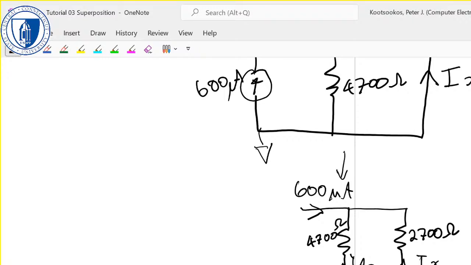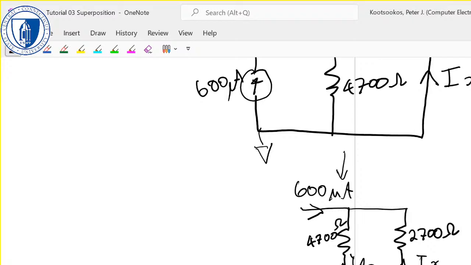So remember, with current dividers, the current in the branch we're interested in is proportional to the resistance in the other branch divided by the total resistance. And in this case it's simple, there is only one other branch. If there were more than one other branch, you'd have to lump the other resistances together in parallel in order to know what the other resistance branch was.